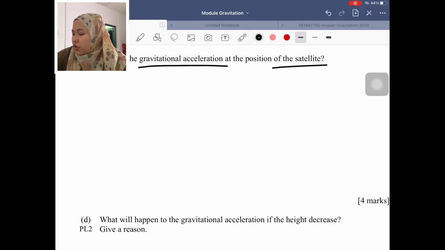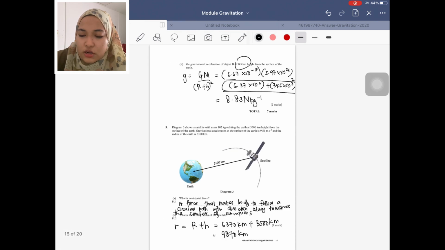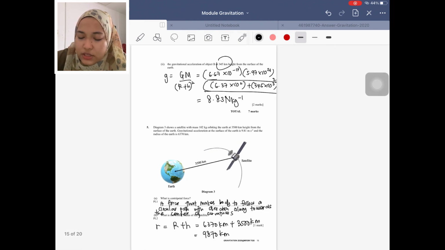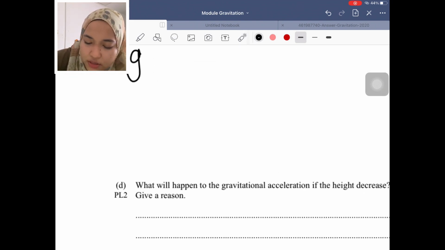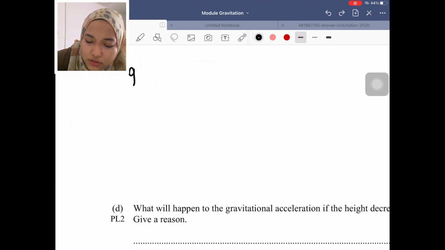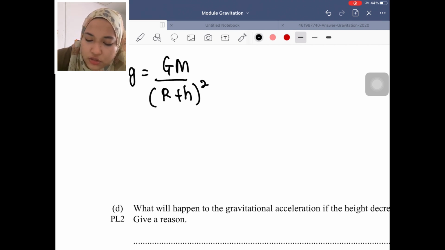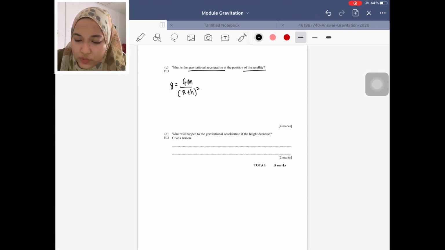Okay, so the question asks us to calculate the gravitational acceleration at the position of satellite. Okay, so kita cari balik formula dia tadi. So g equals to GM over R plus H squared.